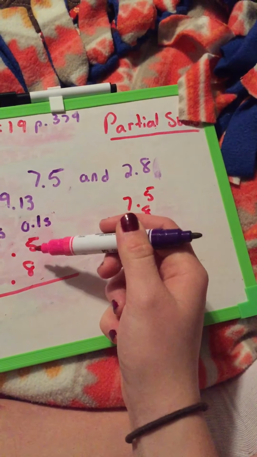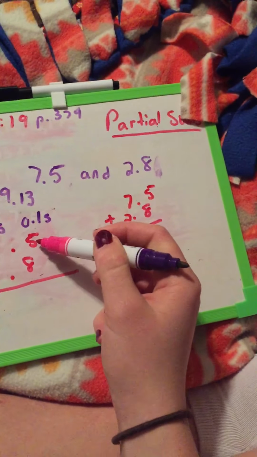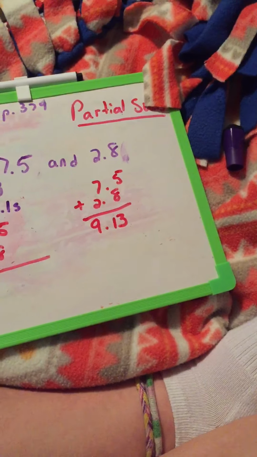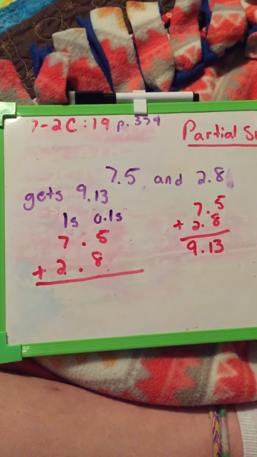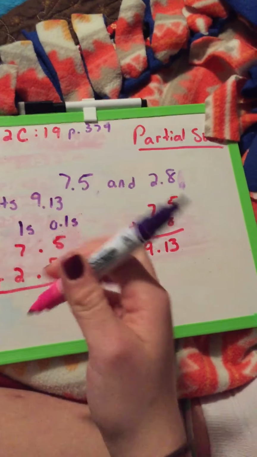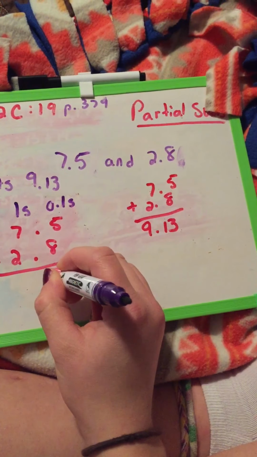So if we add our tenths, we see 5 plus 8 equals 13. So when we do 13, I would continue at doing how we would add.